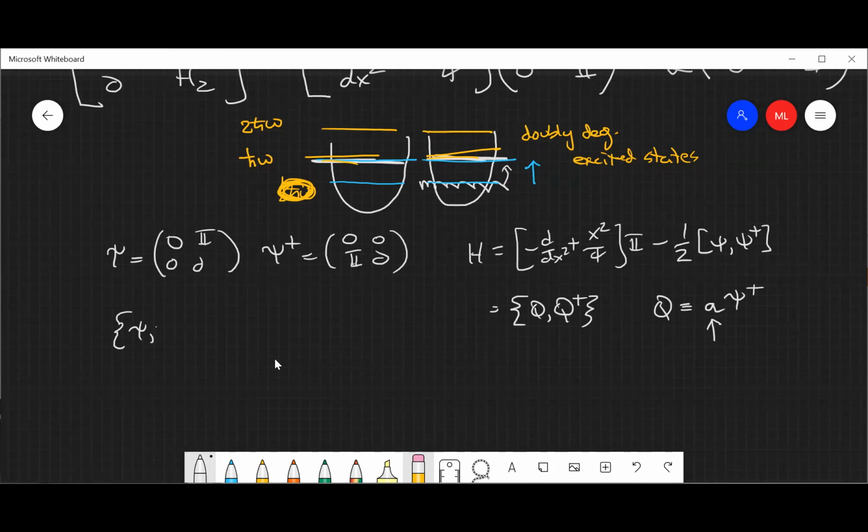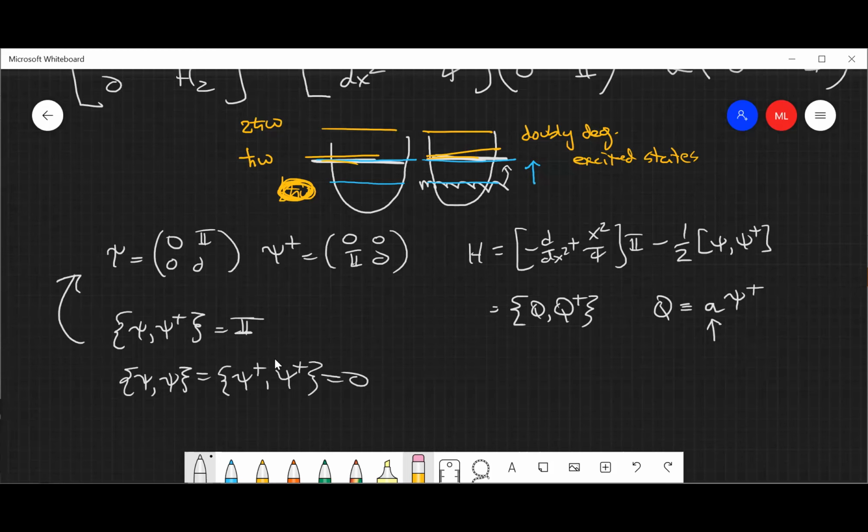You can show that these psi's obey this anti-commutation relation. And of course, they anti-commute with themselves. You can show that for these guys, so that they have the behavior of fermionic creation and annihilation operators.